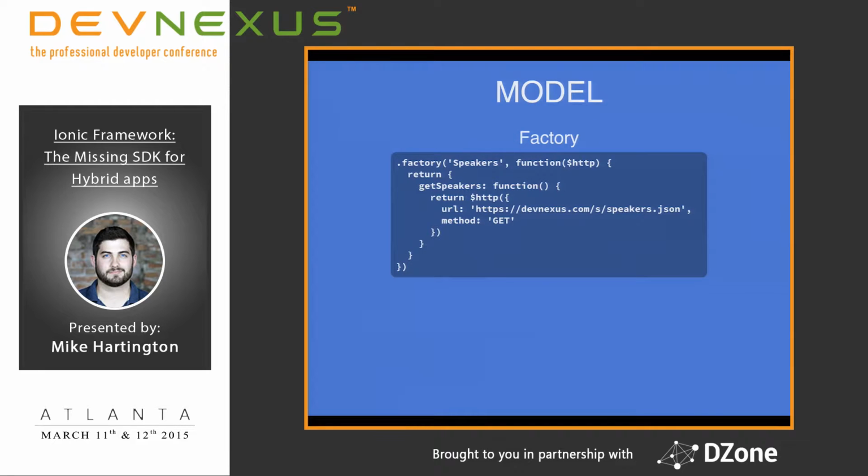What's that going to do? It's going to make an HTTP request to the Devnexus site and get a speakers.json file. We're going to use the get method. But what's great is that since we have that all set up, it's only going to worry about getting the data. Now we can actually load that data in a controller.